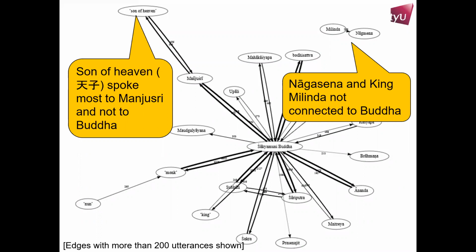And then there's Nagasena, a monk, and King Milinda, and they're also not connected to the Buddha. I think these are observations worth further exploration to find out what might be the reasons behind this. Is it maybe a geographical reason, that they never met Buddha in person, or perhaps there are other reasons.